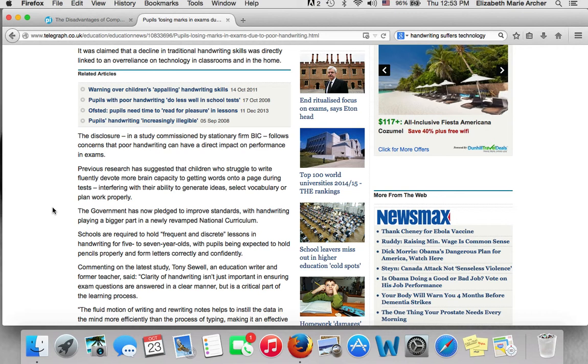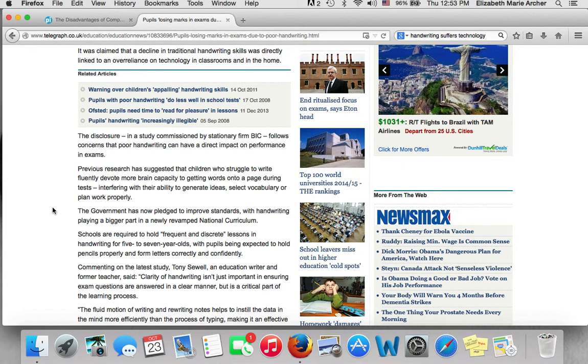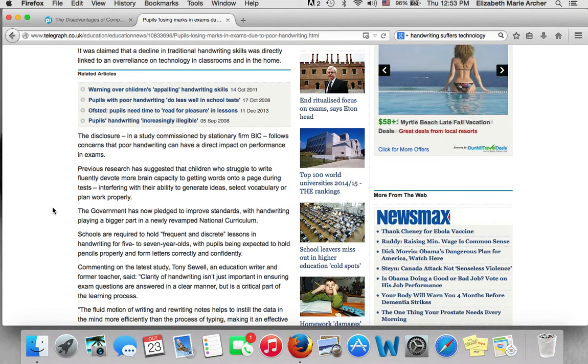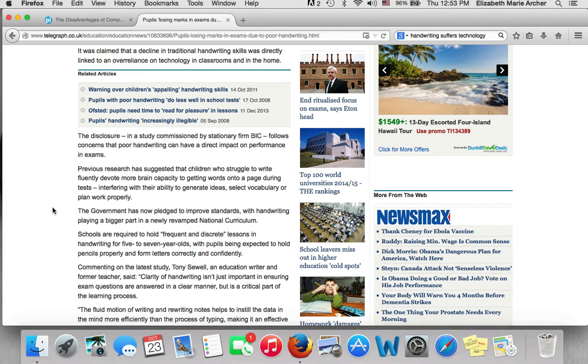But is it suggesting that these children struggle to write fluently because of technology, or what? I'm just a little skeptical of this, that's all. I'm not entirely sure that's the main cause.